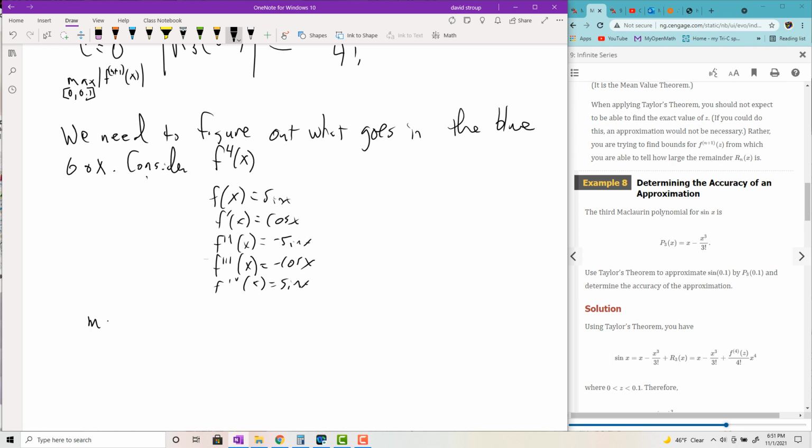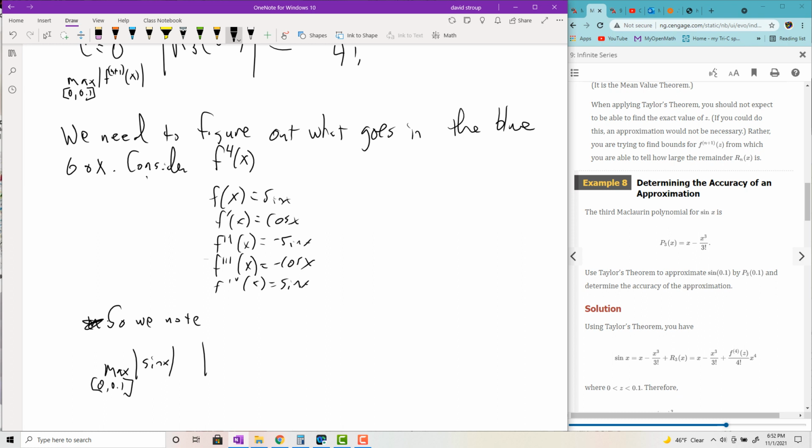So we note the absolute value. I need to maximize the absolute value of sine of x on this interval from 0 to 0.1. I could use sine of 0.1. I have a feeling that would be the maximum on that interval.